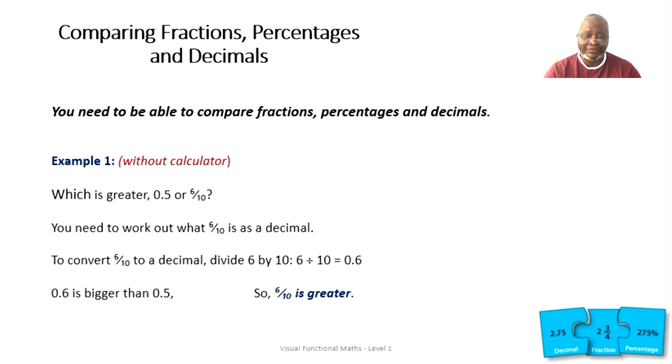So you need to convert them to the same unit of measure, just like we did when we were comparing fractions. To convert 6/10 to a decimal, divide 6 by 10 and that will be 0.6. Once you've got that, you have both of them as the same units of measure, you can easily give your answer, which is 6/10 is greater.